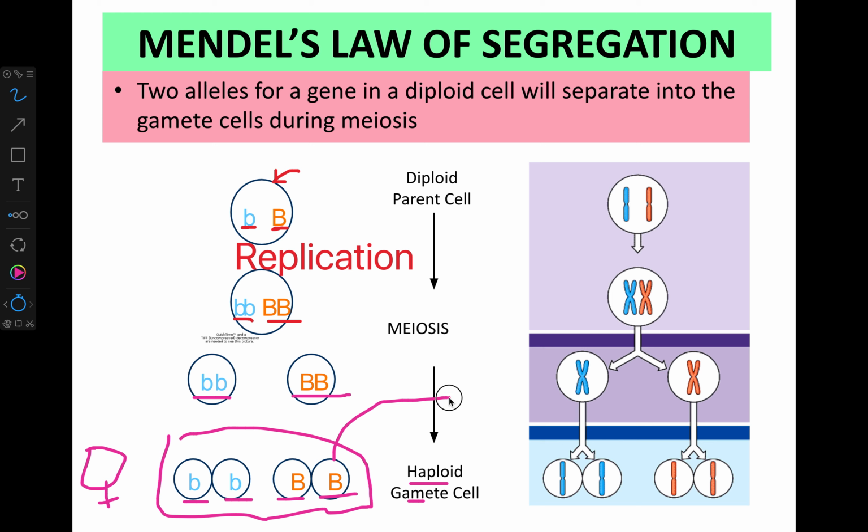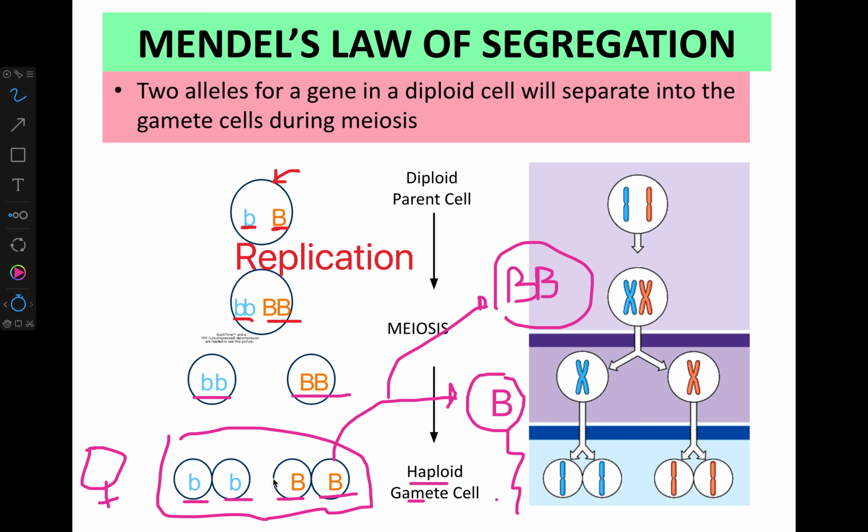Then one of these eggs could go over here and meet up with a little sperm. Here's our little sperm. And maybe the sperm has capital B. So if this female's egg, capital B, meets up with the sperm, then we know the child, after this fertilization, will have this genotype.